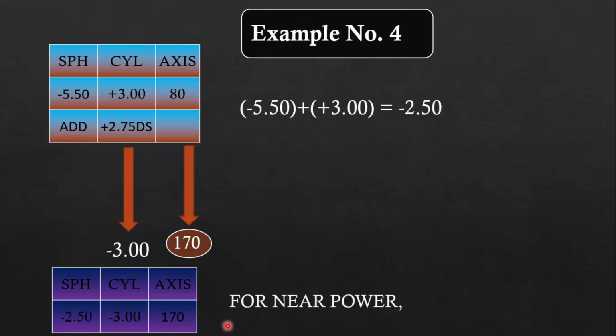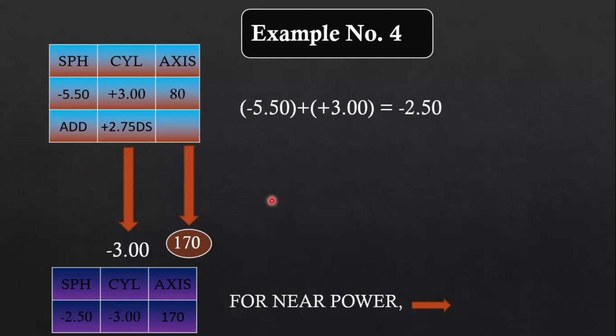And now for reading, you have to add the algebraic number of addition in the algebraic spherical value of distance only, but don't touch the cylindrical value and sign and axis value also, and you will get the reading power. Now, in this prescription, the algebraic number of addition is plus 2.75 and the algebraic number of distance spherical is minus 2.50.